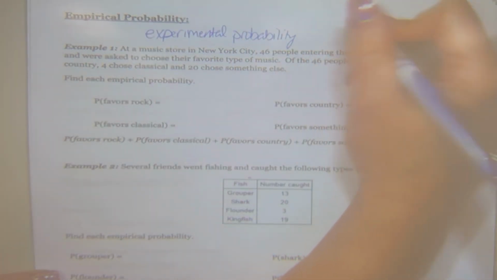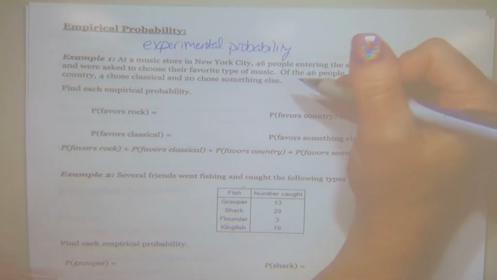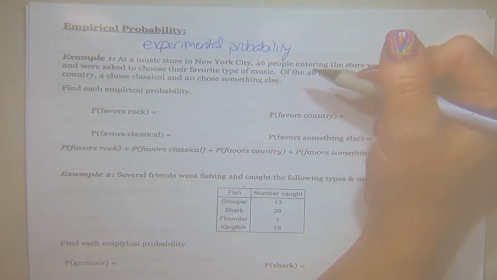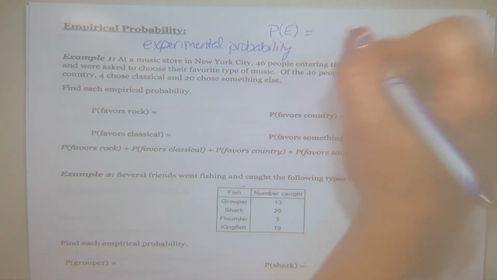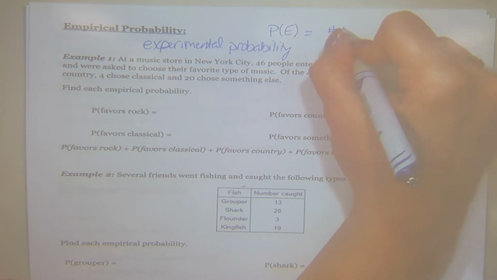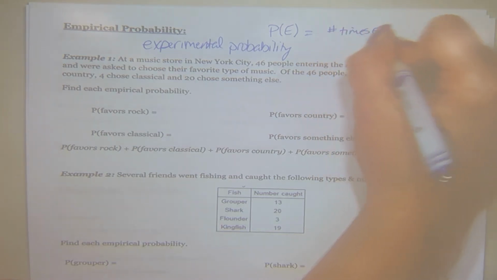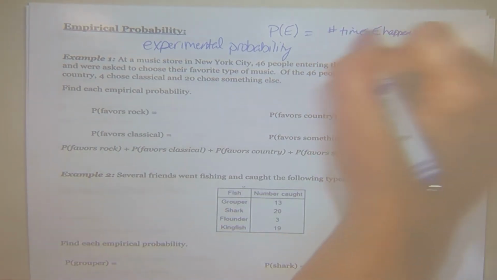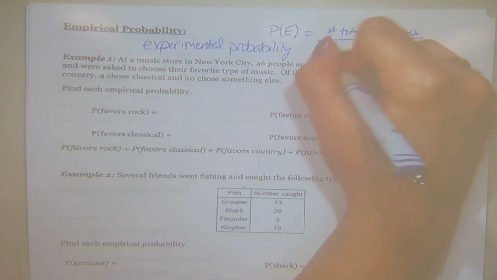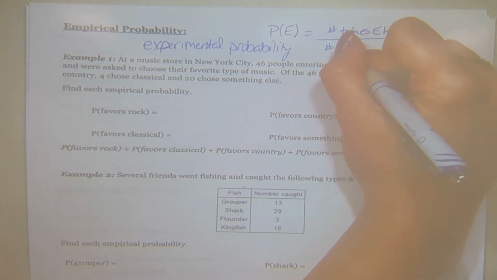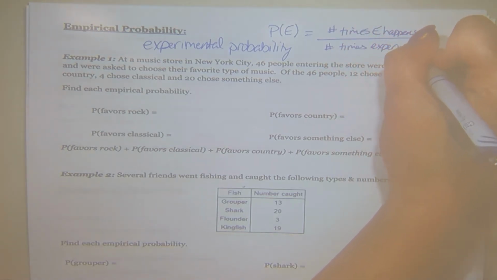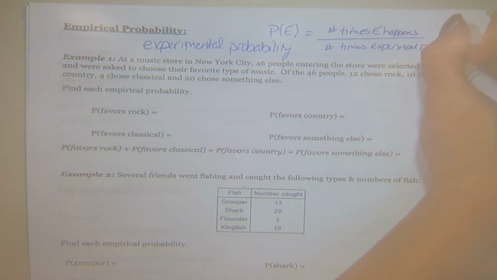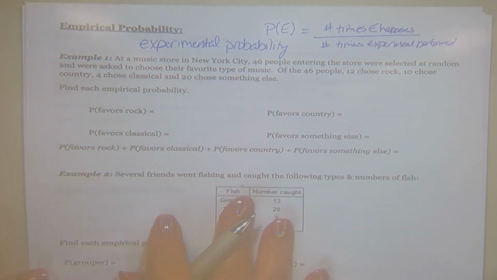When I defined that and set up to show you how to calculate it, we said that our empirical probability, the probability of our event, is found by taking the number of times E occurs, and dividing it by the number of times the experiment is performed. That's how I find my experimental or empirical probability.